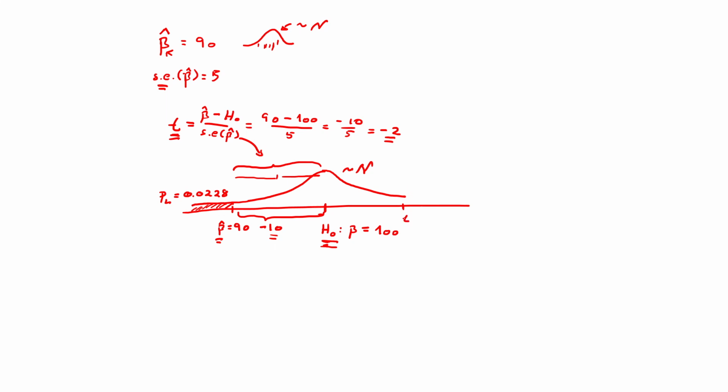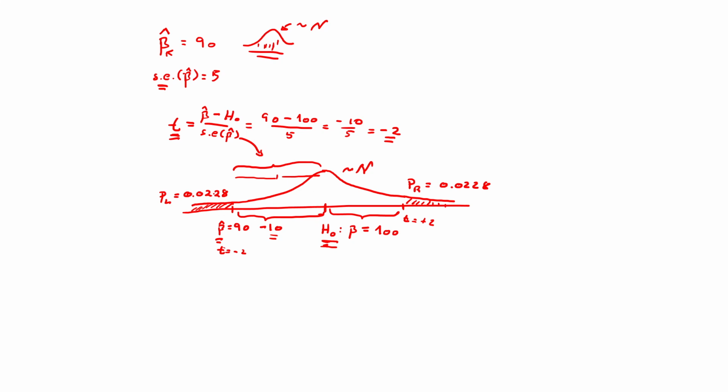Okay, so this is t-value equals +2, and this is t-value equals -2, and we would have to consider the probability of the right tail of 0.0228. And why is the left tail probability equal to the right tail probability if we go equally far out here? It's because the normal distribution is symmetric.